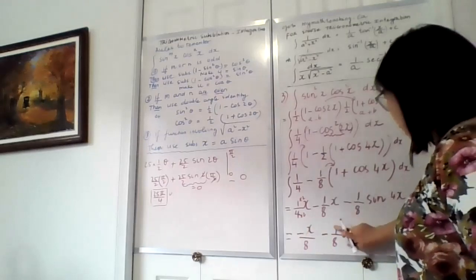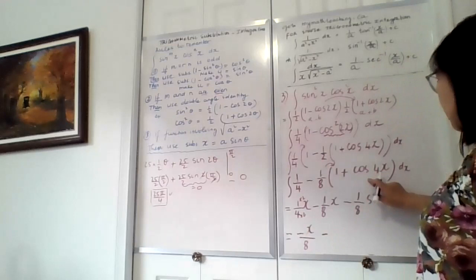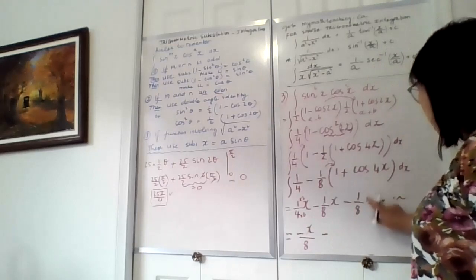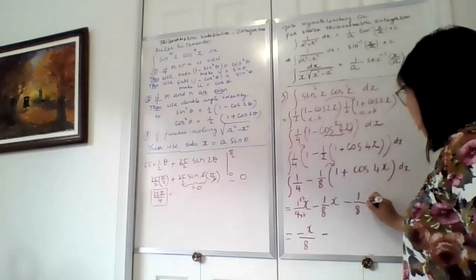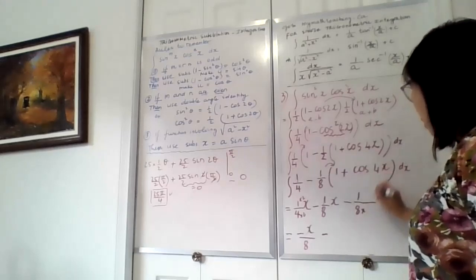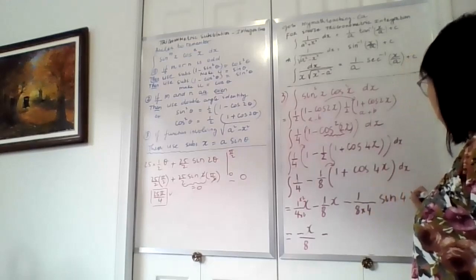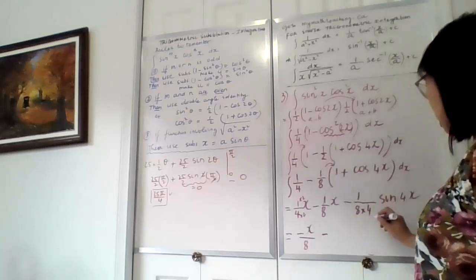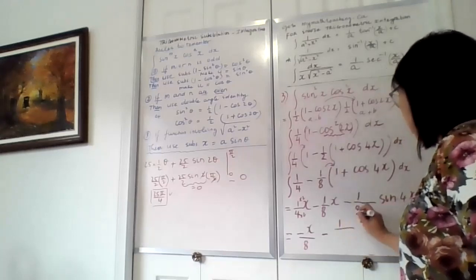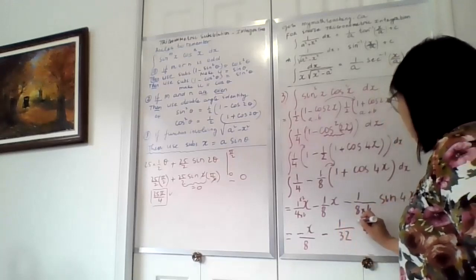One more thing I forgot. What do I forget? I'm so sorry. When I take this out, actually, I changed this, but however, remember I have to have a times with 1/4. So that will be like that, actually, okay? So this number will become minus 1 over 32 sine 4x.